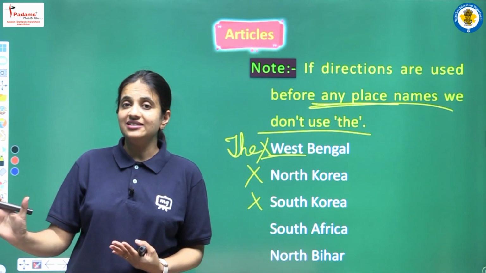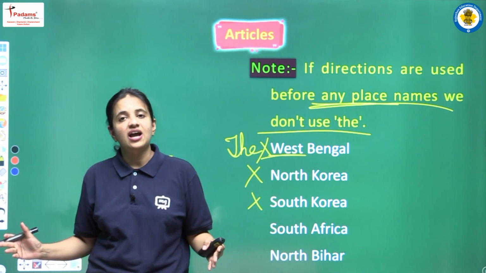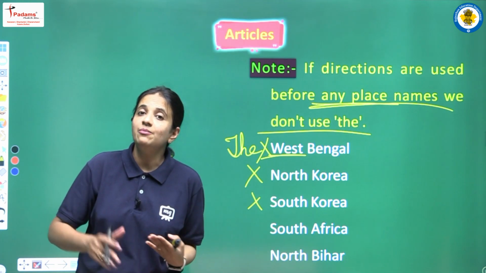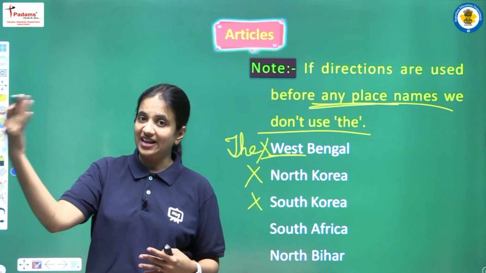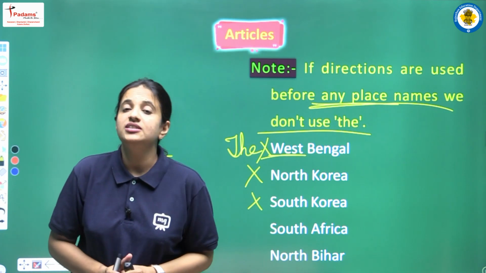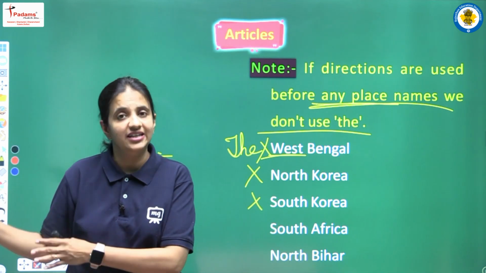Just read the sentence very carefully. If we are having only the directions, like suppose we are having "sun rises in blank east." So this is very much clear that here we are talking about the direction only. So we have to use the, and the sentence will be: The sun rises in the east, right?